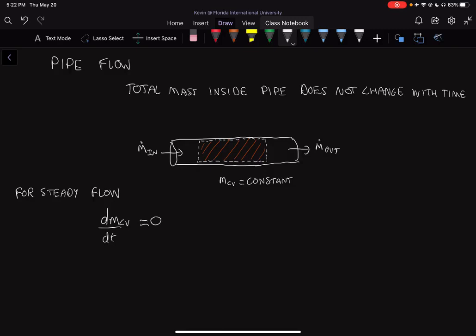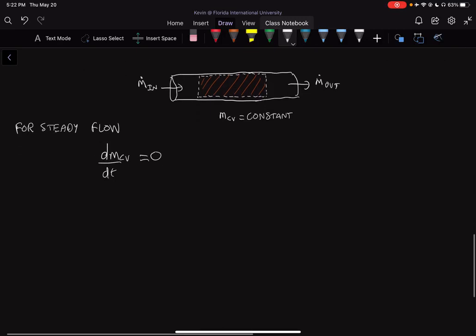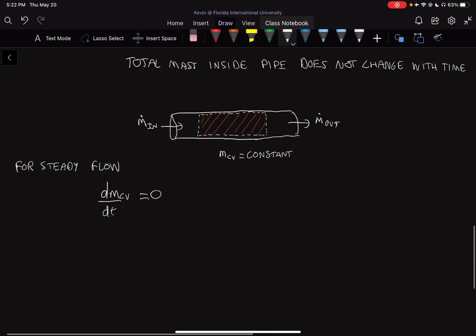So now let's try and understand what's happening. We can redraw this diagram and look at it from a volume flow rate point of view and using velocity to solve for the problem.